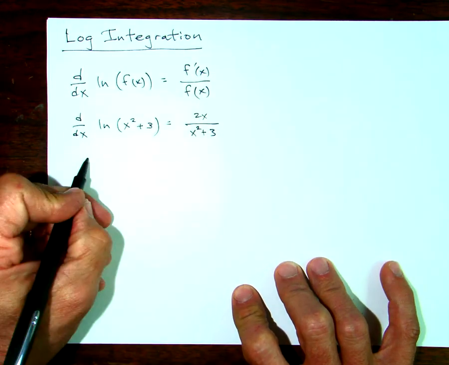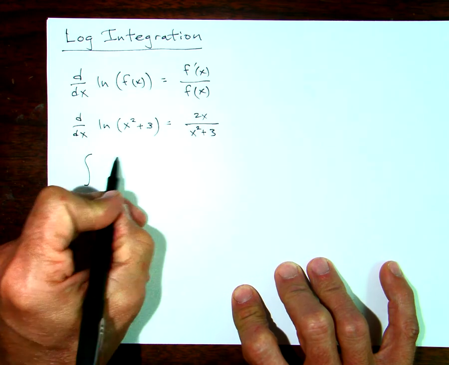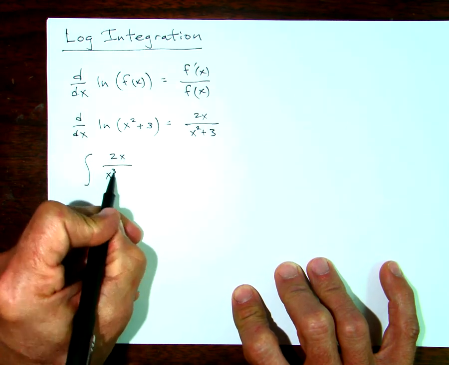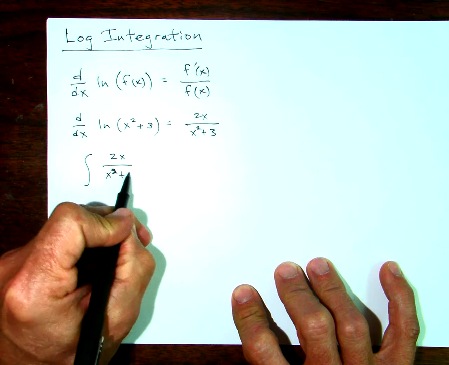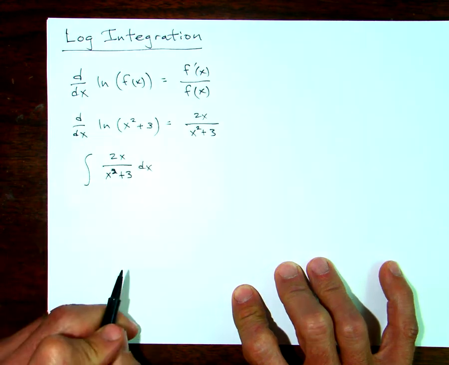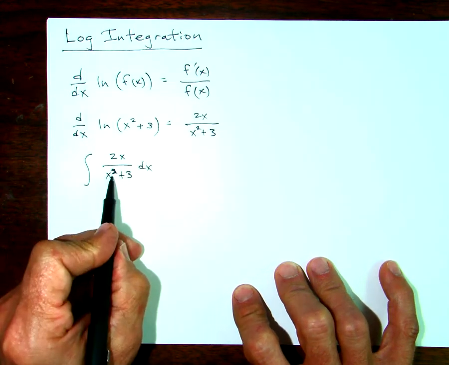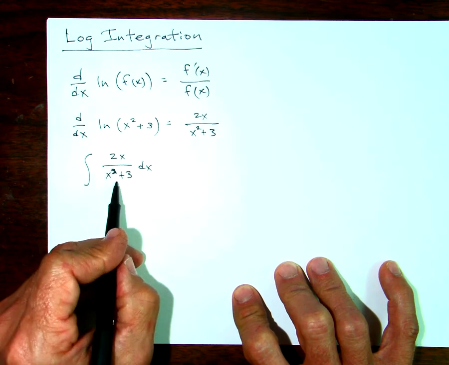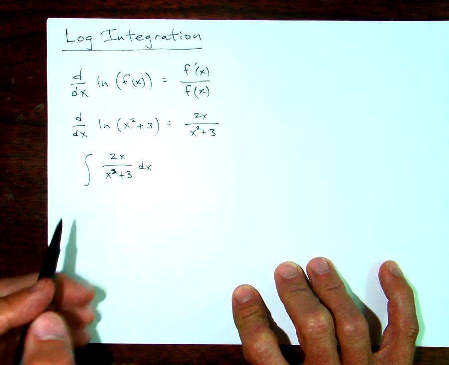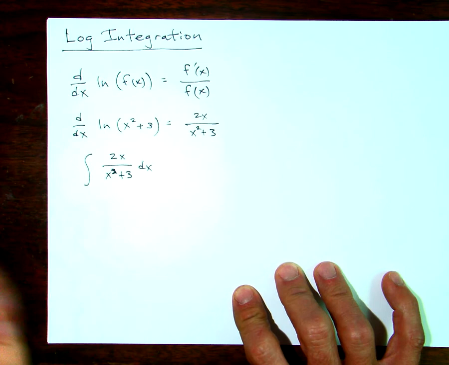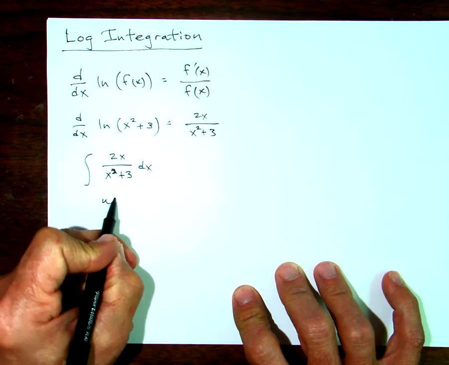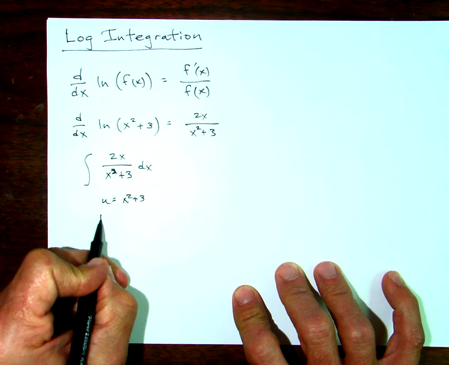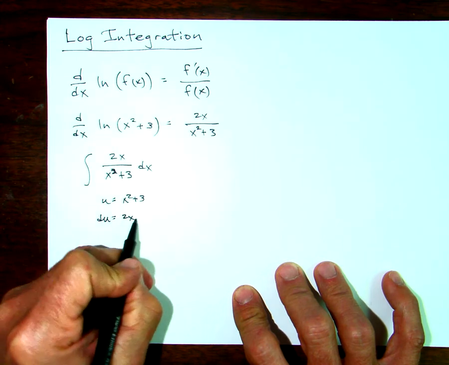So if we were to integrate 2x over x squared plus 3, we would recognize that the numerator is the derivative of the denominator. Just by U substitution, we could let u equal x squared plus 3, so that du equals 2x dx.